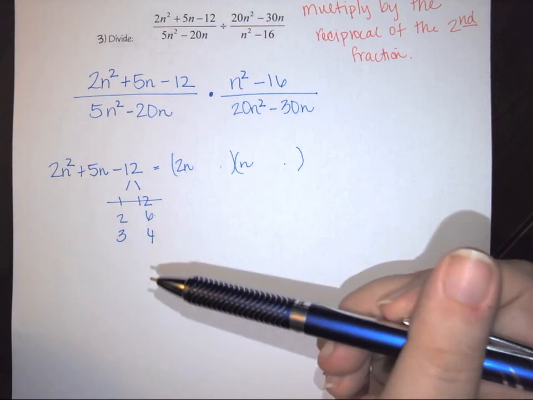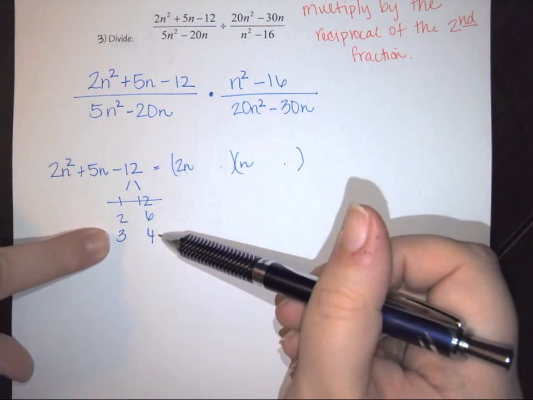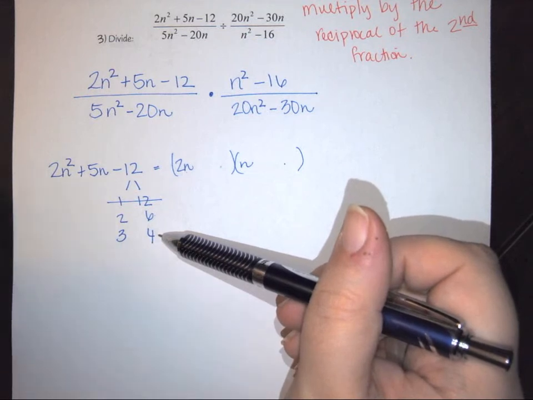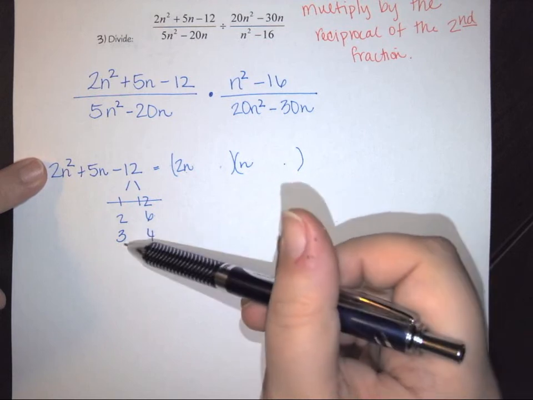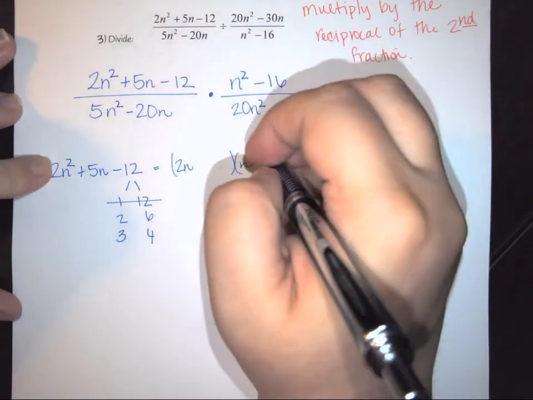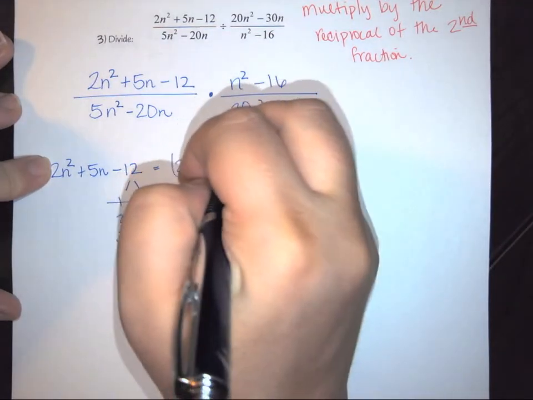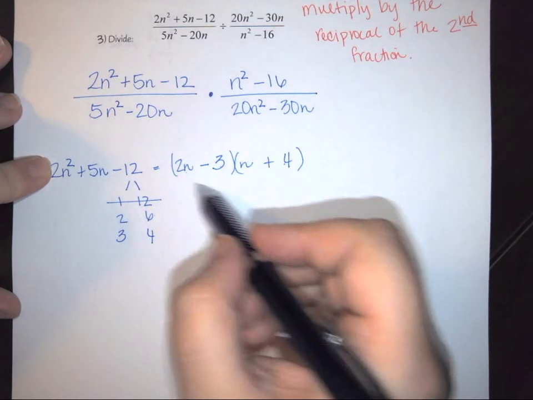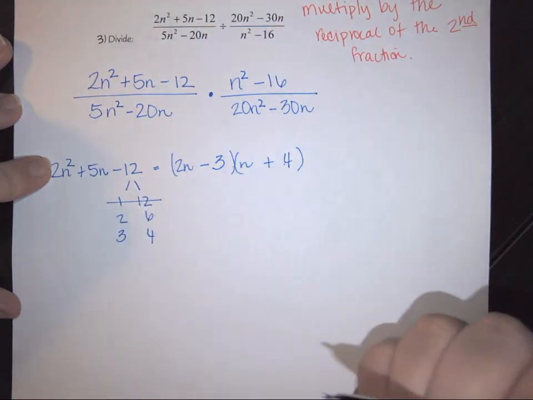I need to get to 5 here. The one that I would be leaning towards is 3 and 4, and let me tell you why. 2 times 4 is 8, minus 3 gives me 5. In order to make that happen, I have to have a plus 4 and a minus 3. 2 times 4 is 8, minus 3 is a plus 5.